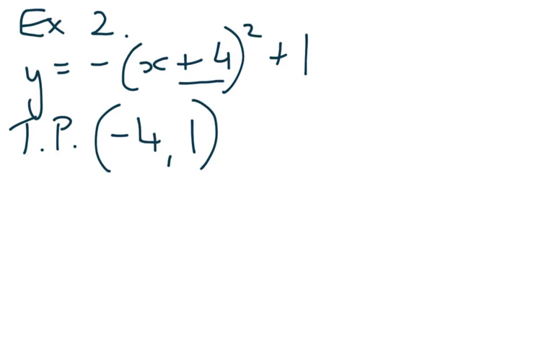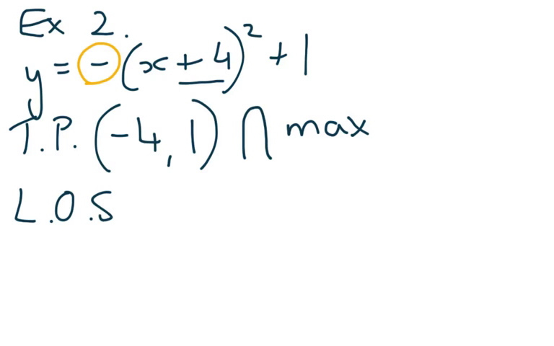Now this time, if you look where the yellow is, we have a negative out the front. That means that our graph is now this shape, meaning it is a maximum turning point. Our line of symmetry, again, easy, it's right there in front of you. It should be x equals -4 because these two things should match.